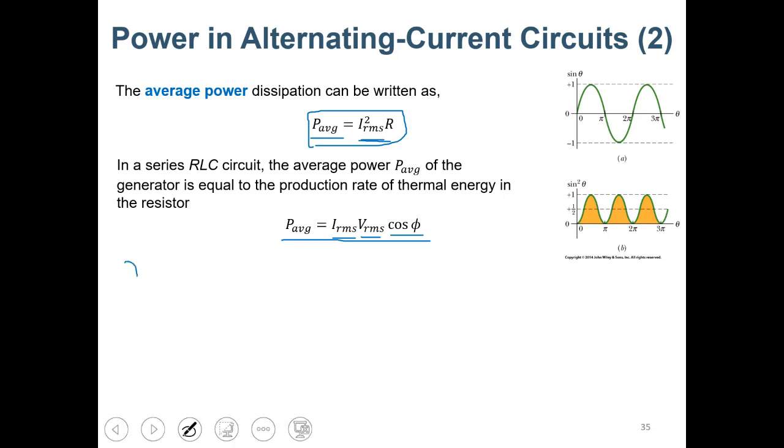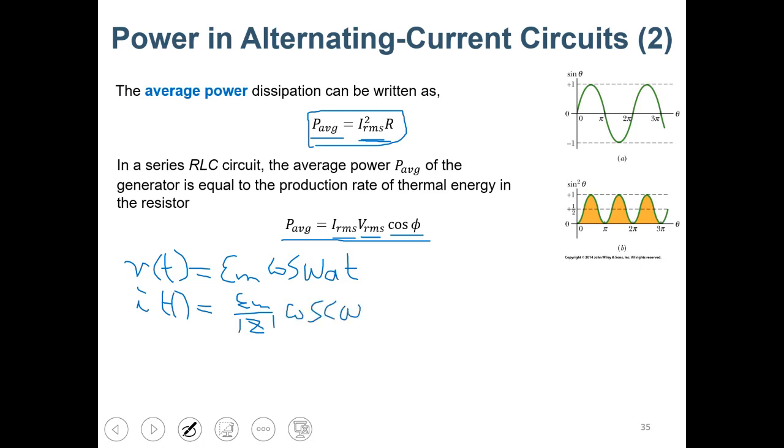As long as we have V(t) equals E_m cosine omega_d t, and I(t) equals E_m over the absolute value of Z, cosine of omega_d t minus phi.